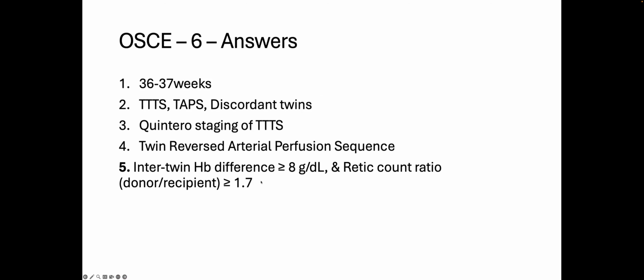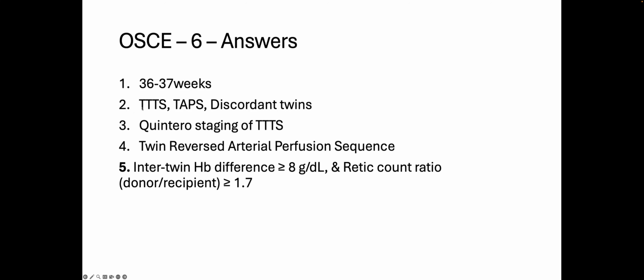Let's see the answers. So 36 to 37 weeks would be good enough. Nowadays, if you look at the ACOG criteria, 37 weeks is not an indication for CS, so they would wait up to 41 or 42 weeks. In twin pregnancy, maybe 36 to 37 weeks would be relevant, because after that the chances of IUGR increase drastically.